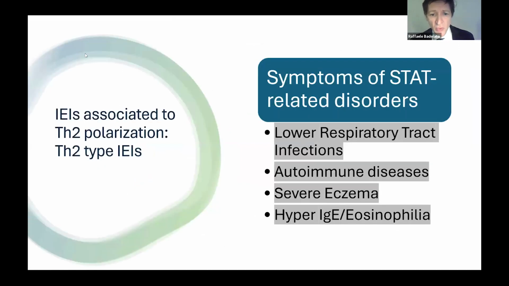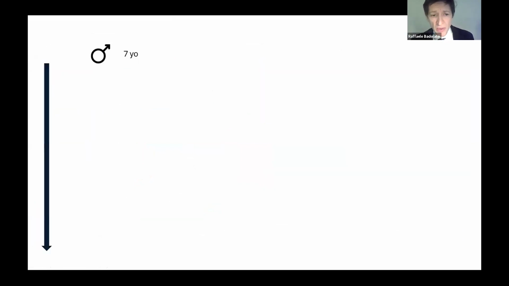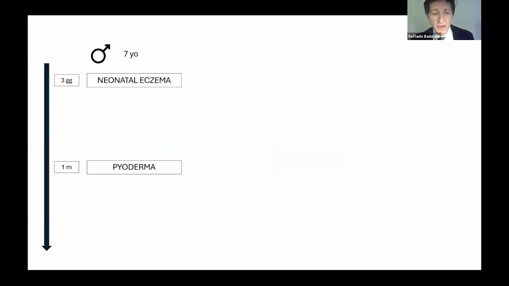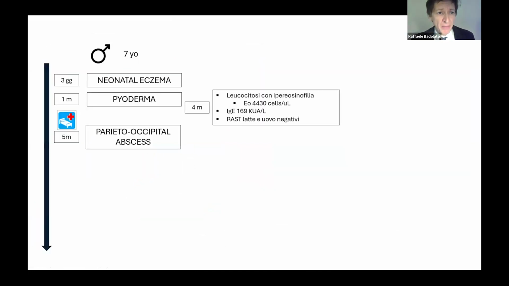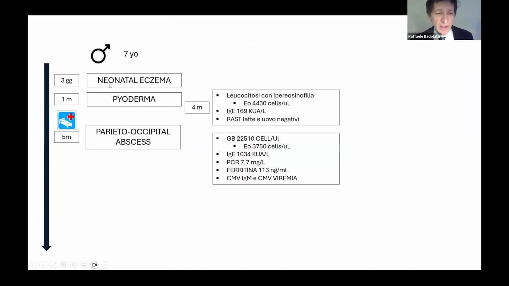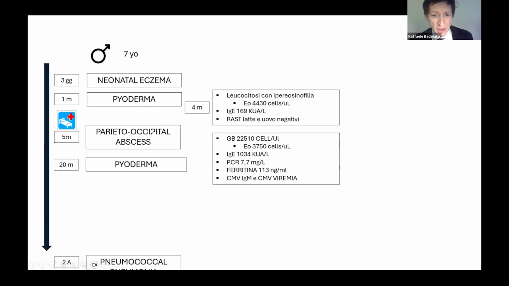So let me come to another group of patients, the patients who present a Th2 polarization associated to Th17 deficiency. We have 3 patients presented here. A patient who had pneumonia and staphylococcal infections.